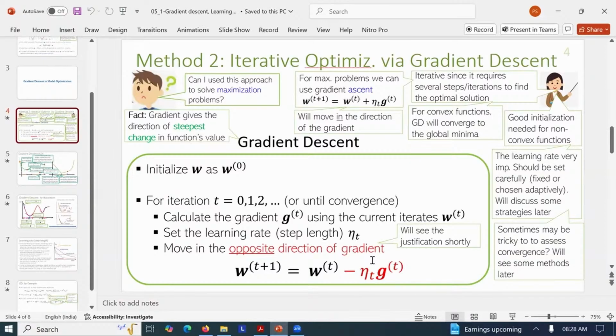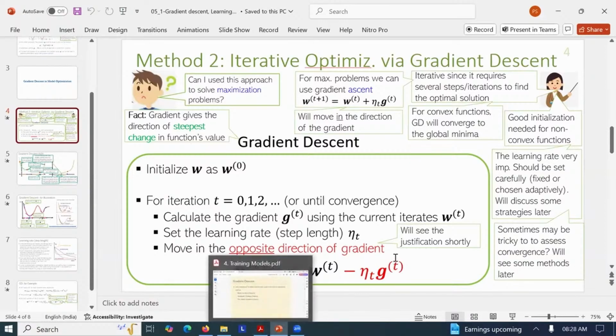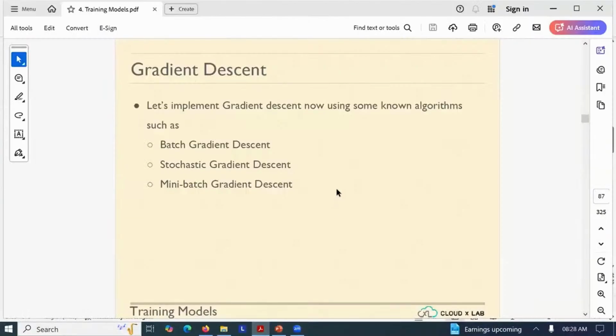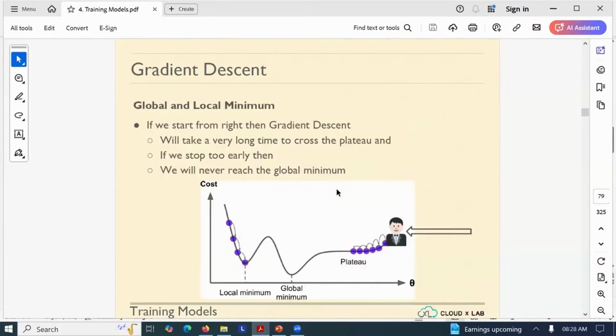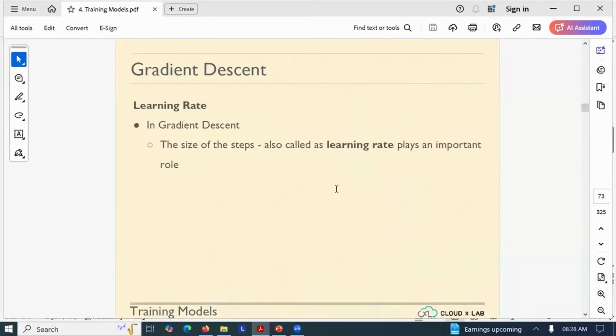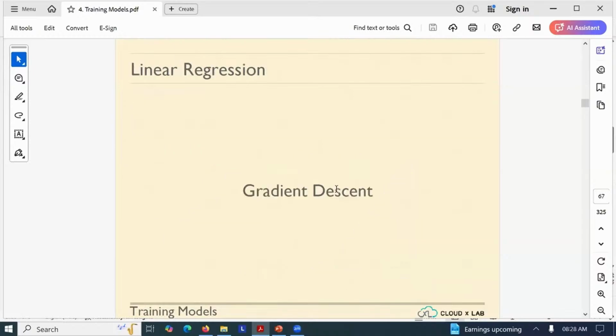Okay, so let me ask one question. If you are computing the gradient using all training data points, then will this gradient computation step be faster or slower?